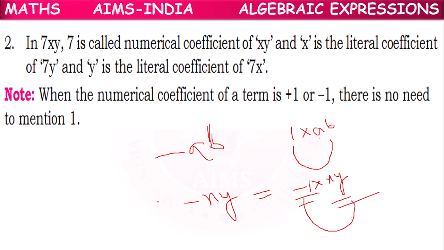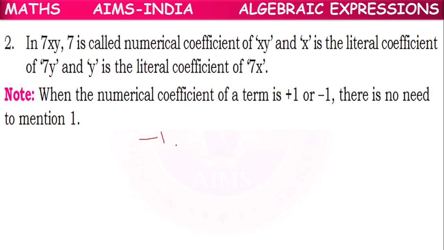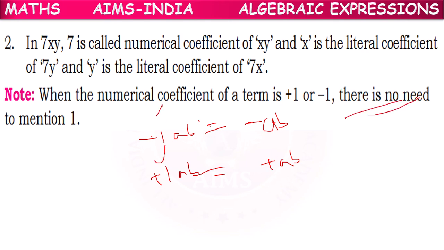In expressions like minus 1 AB plus 1 AB, there is no need to mention 1. We can simply write minus AB or plus AB, because if there is no numerical coefficient, we assume there is 1.